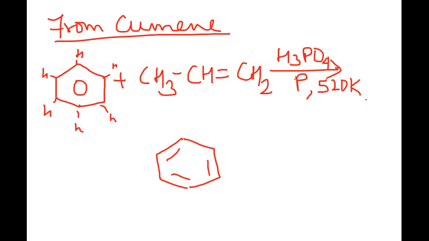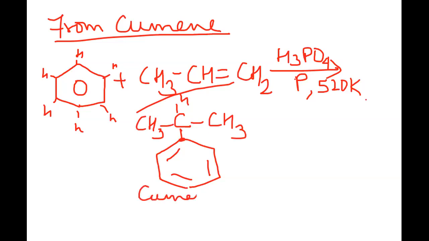Either you show the ring or the bonds, it's okay. So this carbon attaches itself here. The hydrogen that was there on this carbon atom goes to this and forms a CH3, and this forms a CH3. This compound is called cumene.